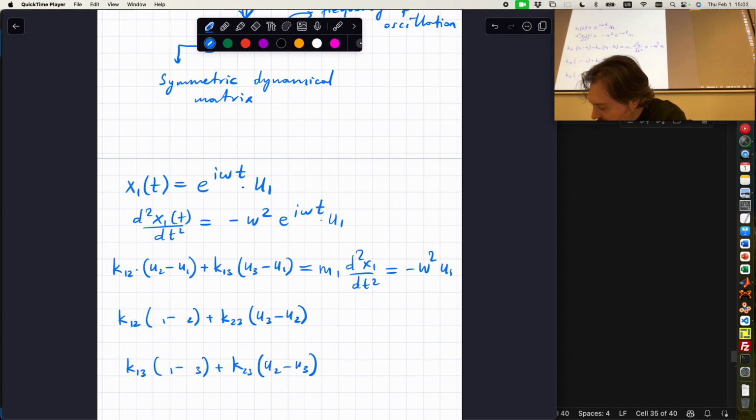Okay, you tell me if you understood this or not. So we went from a differential equation, we proposed the solution, and we arrived at a set of algebraic equations. So far, so good?